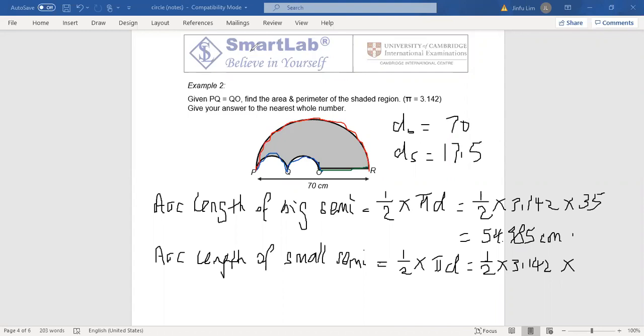So over here, we'll multiply by 70. So we'll get 109.97.